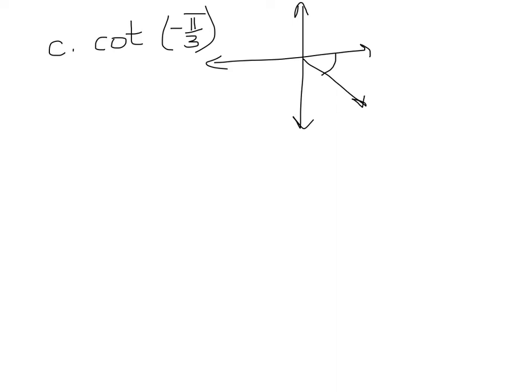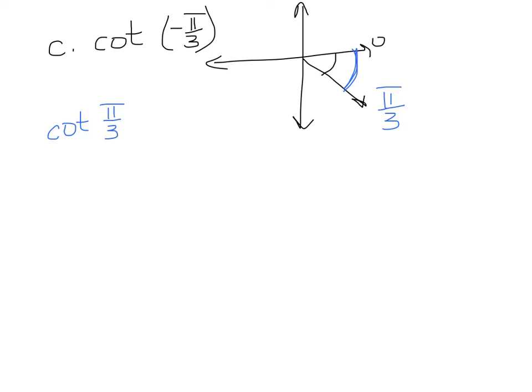It's already acute. So when you find this distance, we're going to use 0. Then you're just going to get pi over 3 as the reference angle. So we're doing cotangent of positive pi over 3.